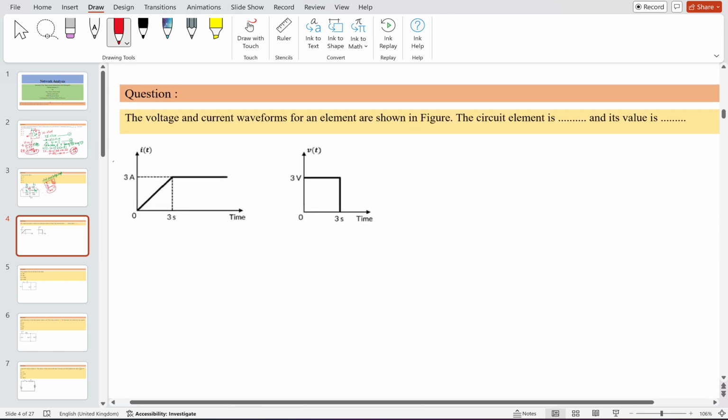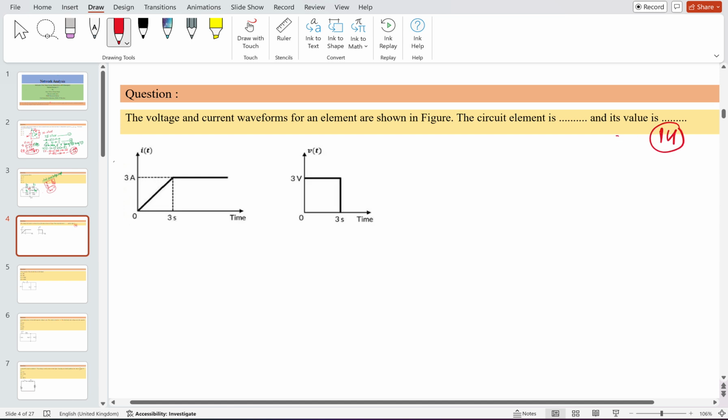If you can find out the L value, check that. 1 Henry. 1 Henry.